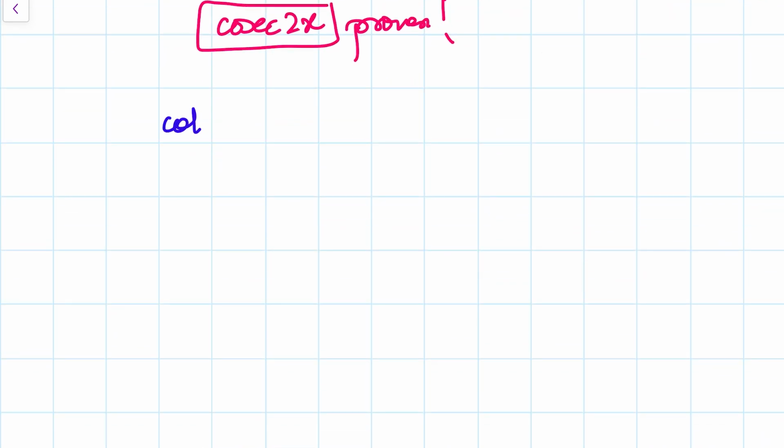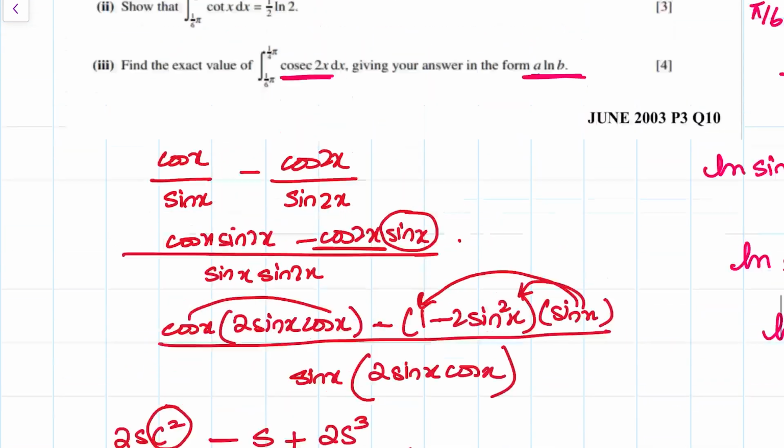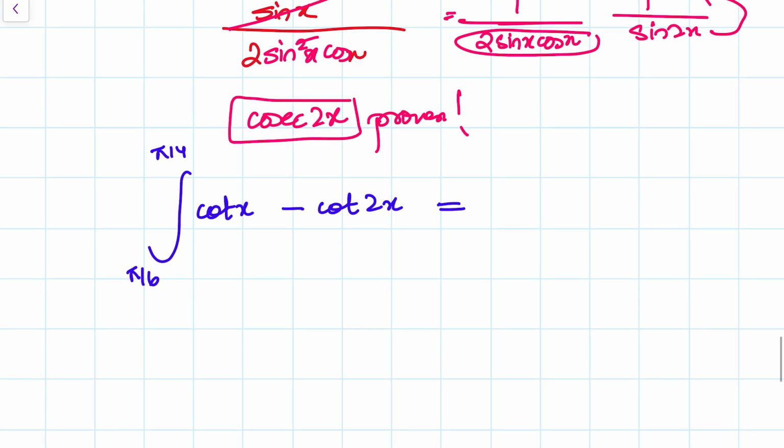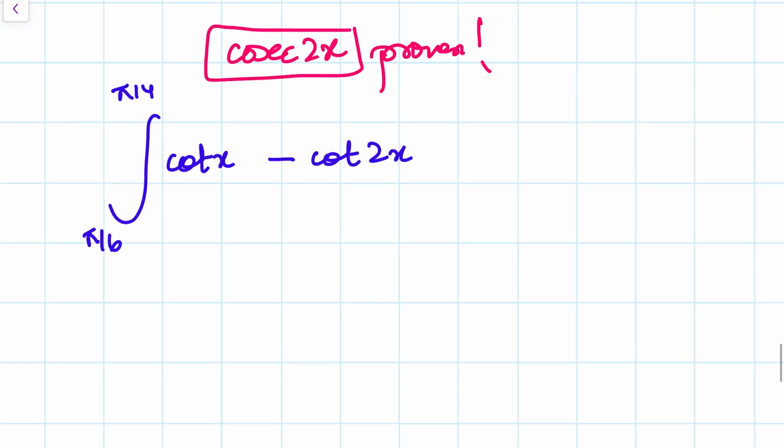So cosec 2x can be written as cot x minus cot 2x with the limits pi by 4 and pi by 6. All right, now equals to, this is cosec 2x, so I'm not writing it. In place of cosec, I've replaced it with the identity given in the first part. Now, you know the integration sign splits and is applied on every term.